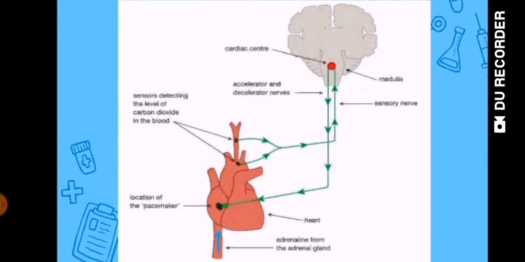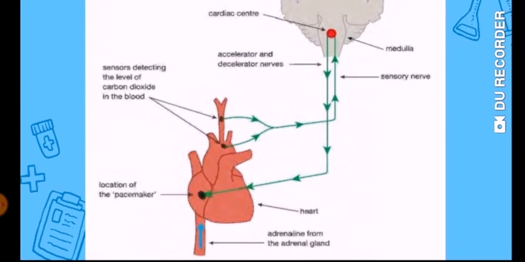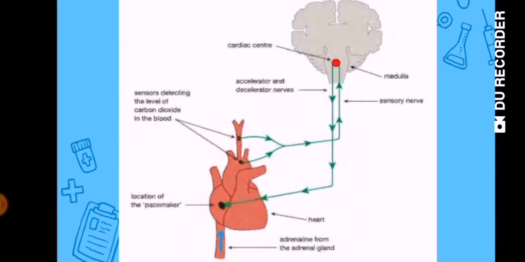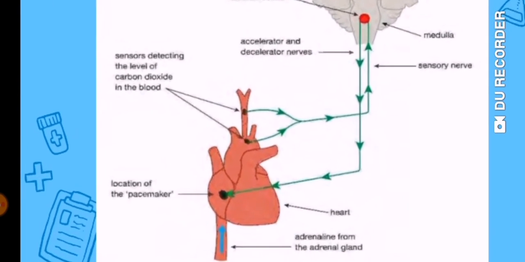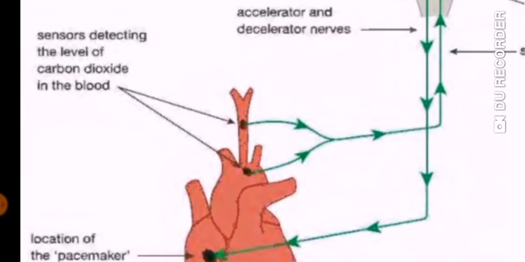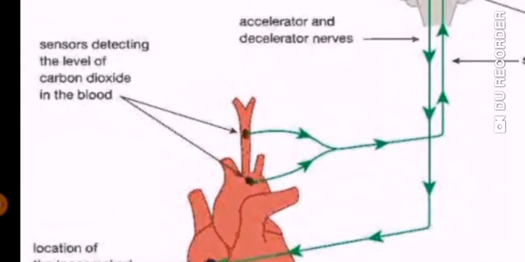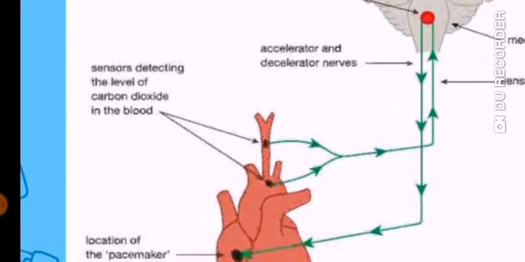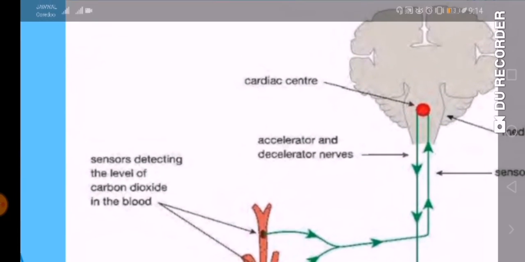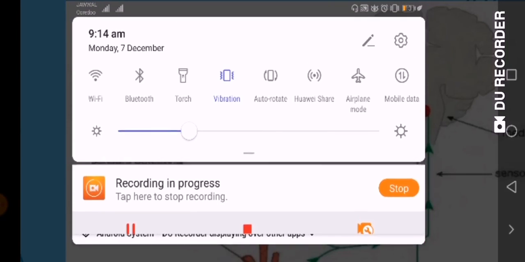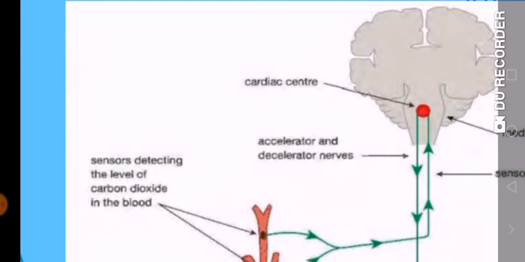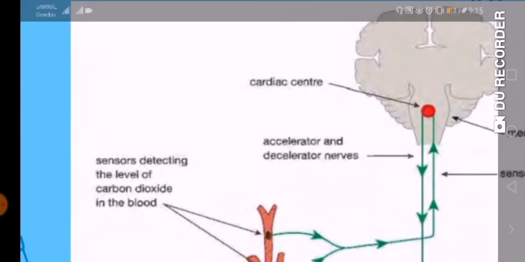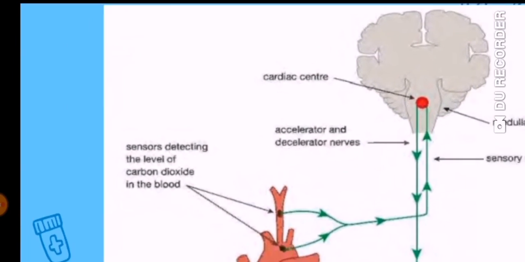So these arteries send electrical signals called nerve impulses through the sensory nerve to the medulla, this nerve in green color. The medulla responds by sending nerve impulses along the accelerator nerve. Look, the accelerator nerve in green. The accelerator nerve means this will increase the heart rate.